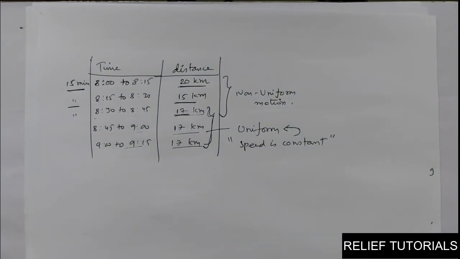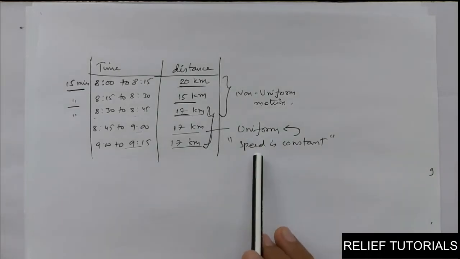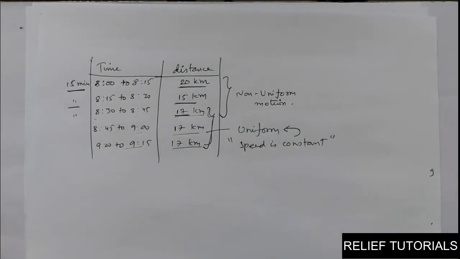Your car is traveling smoothly with constant speed. You are neither applying brakes nor applying the accelerator to increase your speed. So you are traveling smoothly on the road with the same speed. Such type of motion is uniform motion, in which the speed remains constant.